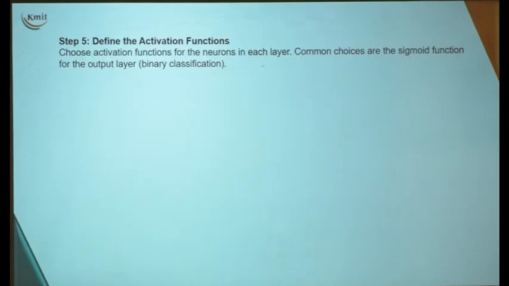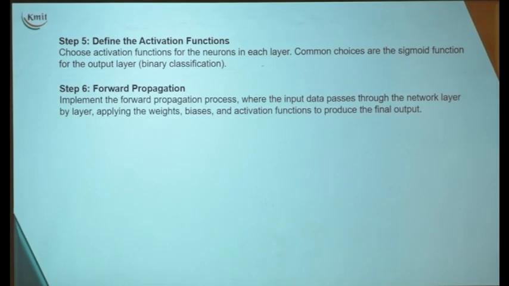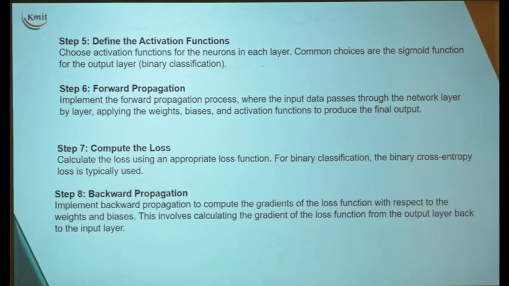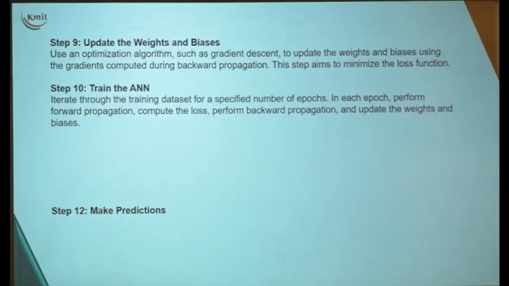After this, we define the activation functions, and what activation function are we using? Sigmoid. After that, forward propagation, compute the loss function, which is binary cross entropy, and then backward propagation, update weights, train the model. Even if you are done till this point, we are okay with it.